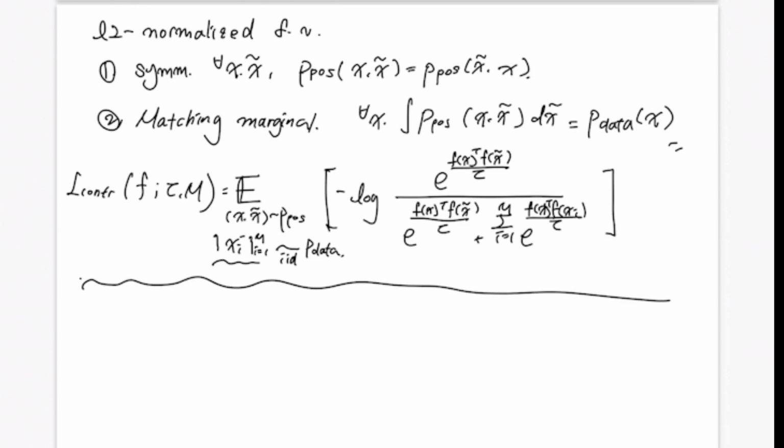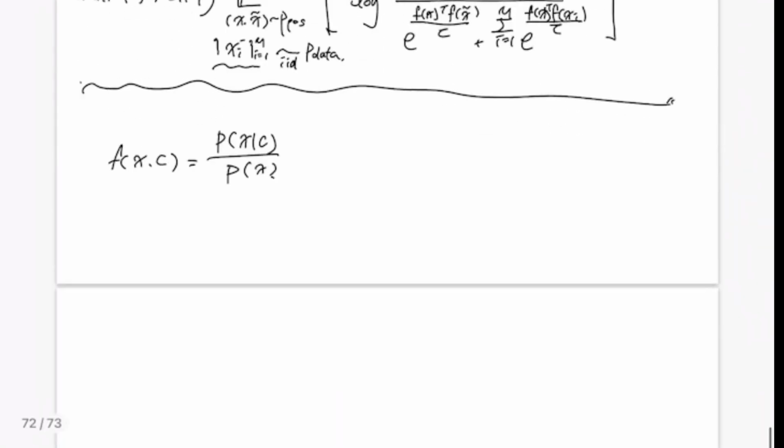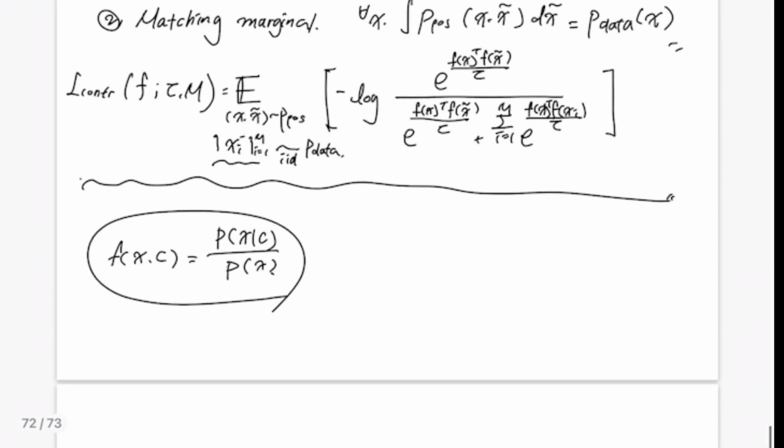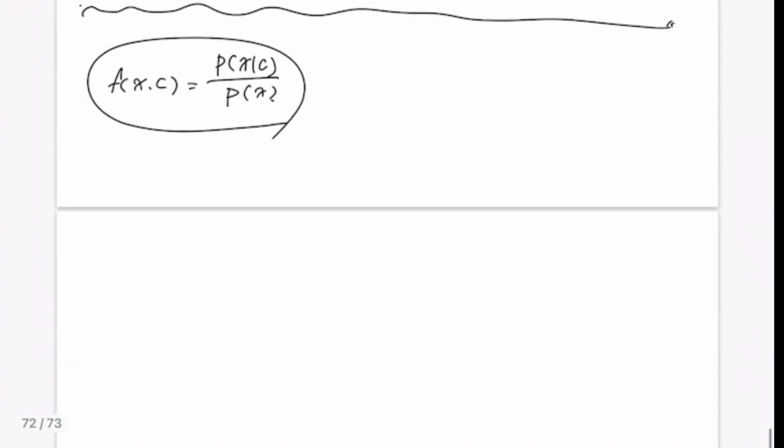So this is actually the end of the derivation, but let's see more about the square function f(x, c) that we saw before, which is defined as p(x conditioned on c) over p(x). This is actually related to the mutual information maximization.